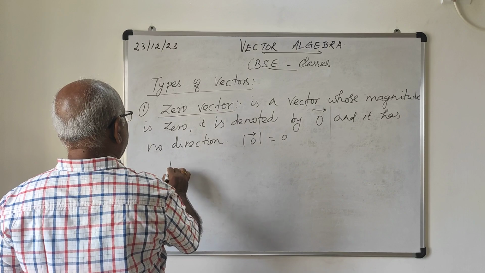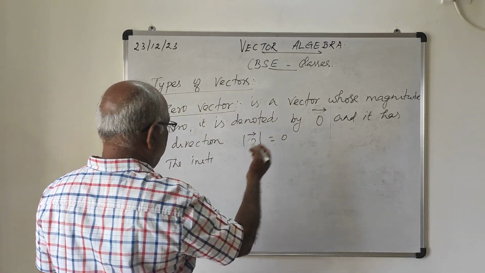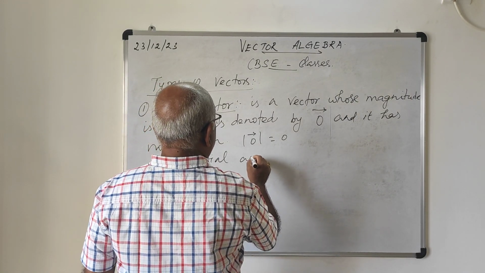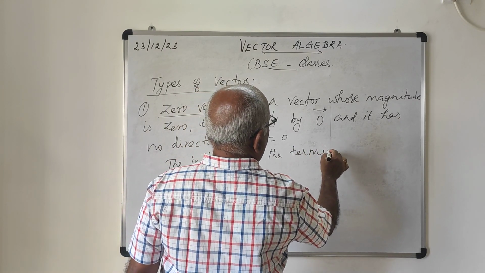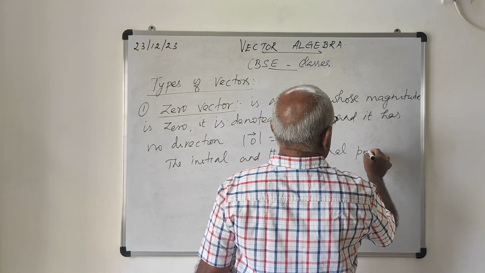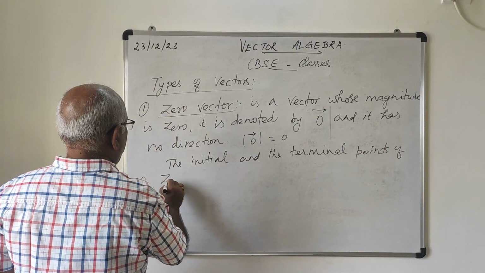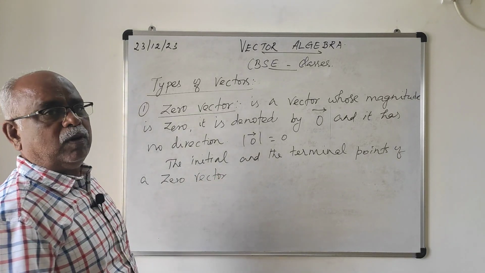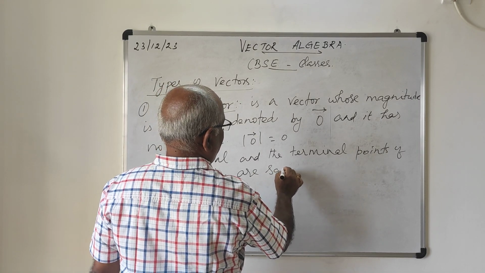Since there is no direction, the initial and the terminal points of a zero vector are the same.